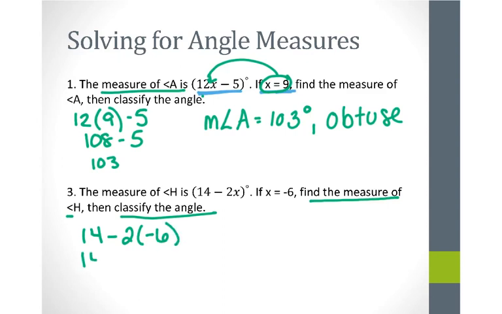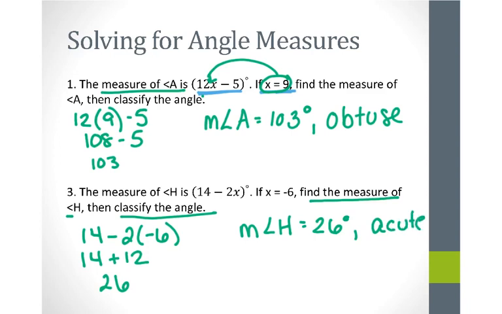This becomes 14, negative times negative is a positive 12, so this becomes 26. Now I'm going to say the measure of angle H equals 26 degrees. And 26 is nice and small, it's an acute angle.